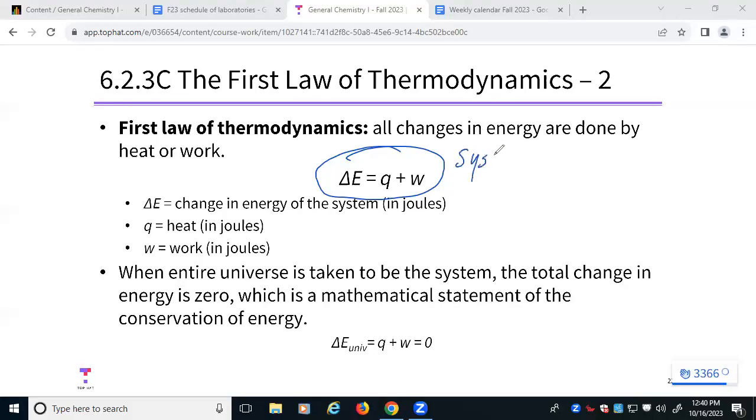And this is applying to the system primarily. So the change in energy of the system is equal to the heat of the system plus the work of the system. And all of those energy units are going to be in joules or kilojoules or the like.